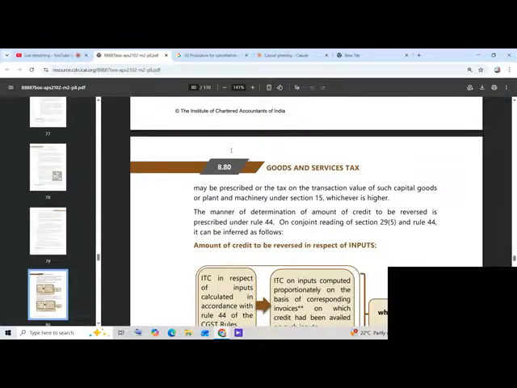He is required to furnish in the application the details of inputs held in stock, semi-finished or finished goods, capital goods held in stock on the date from which cancellation of registration is sought.